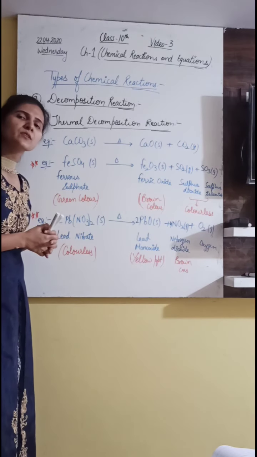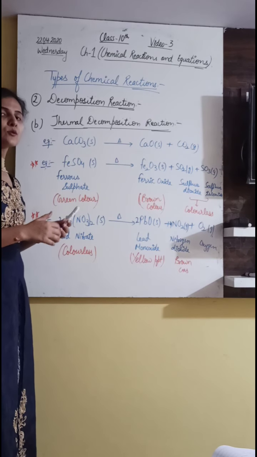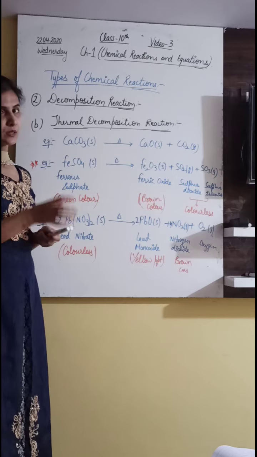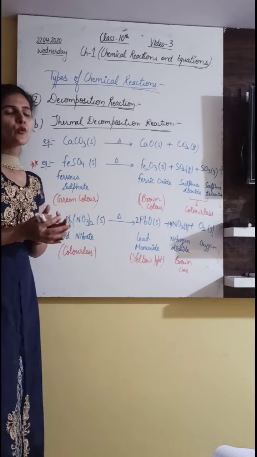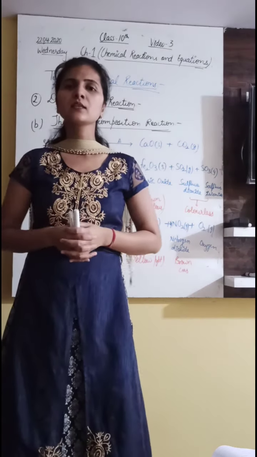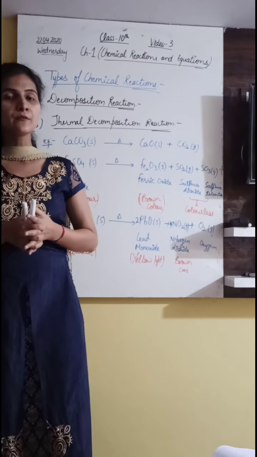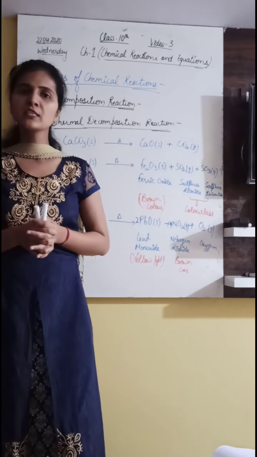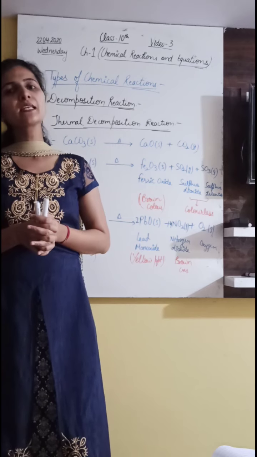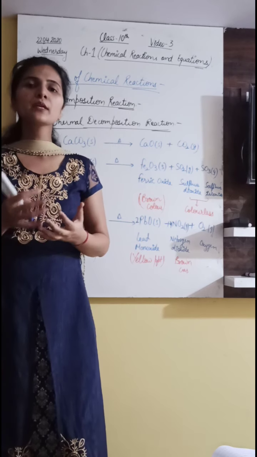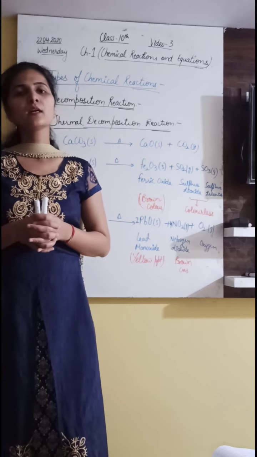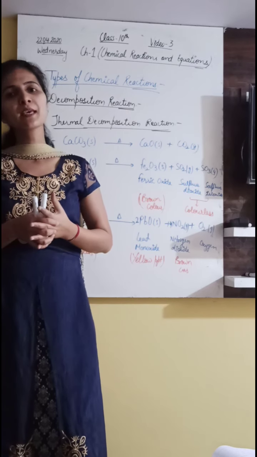So how will the question be formed on this reaction? How will the question come during the exam on this particular reaction? The examiner will give you one compound which is green in color. After getting heat, it transformed into a brown color compound along with the production of some gas.